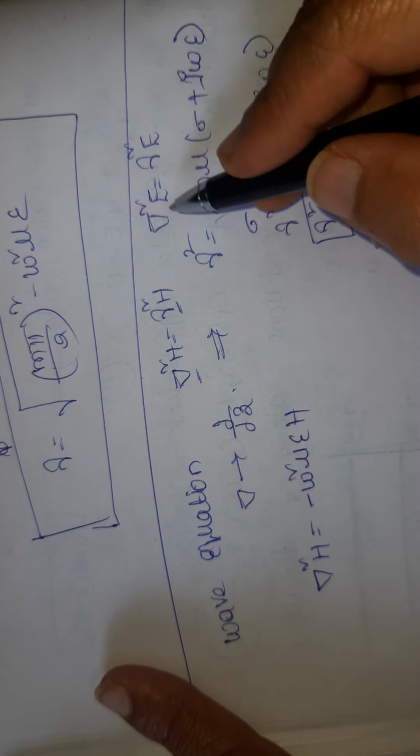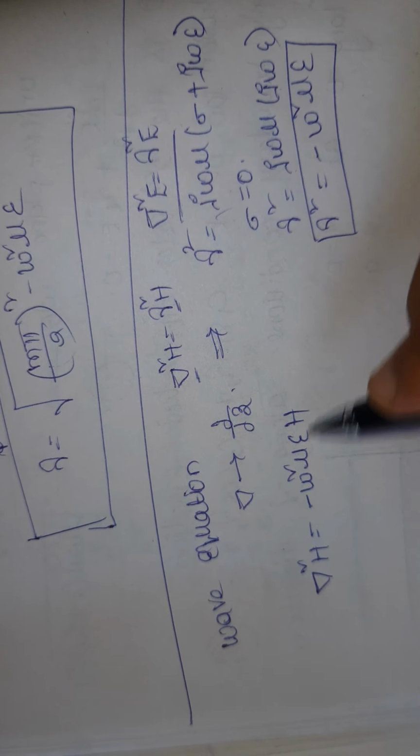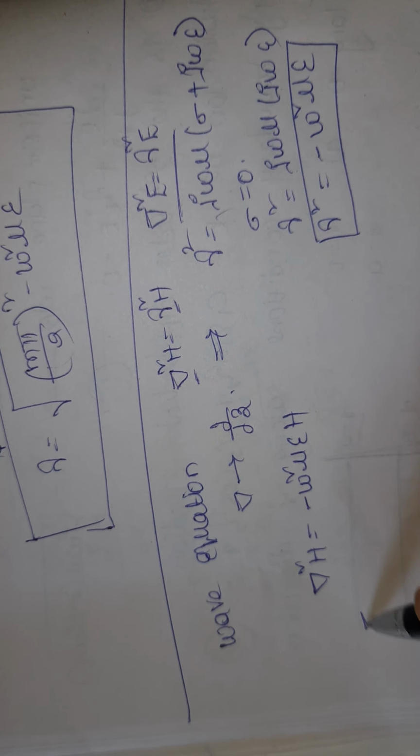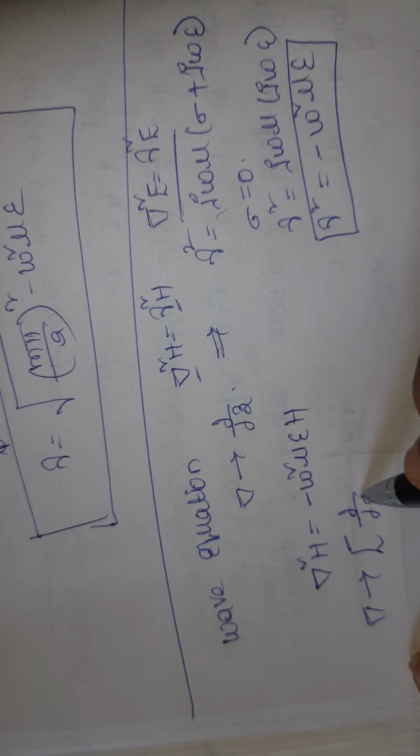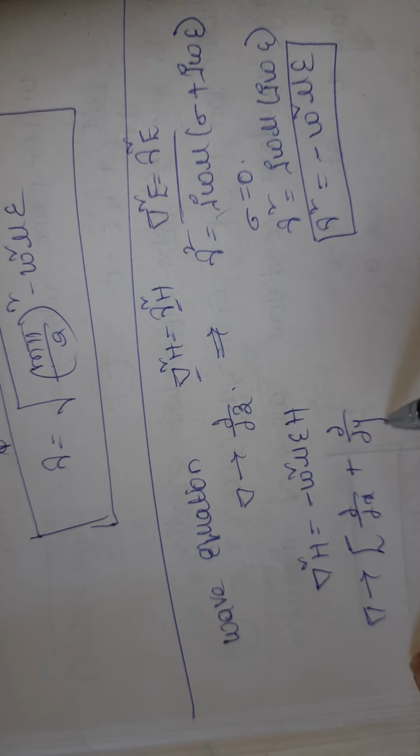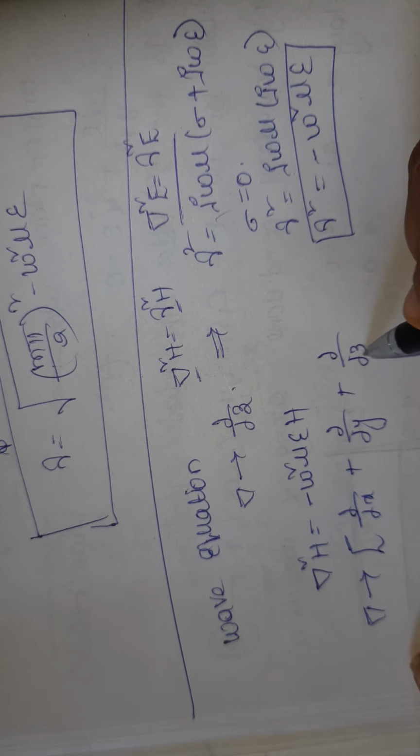Similarly, you have to substitute in del square E also. For the parallel plate waveguide I am substituting del as dou by dou x plus dou by dou y plus dou by dou z.